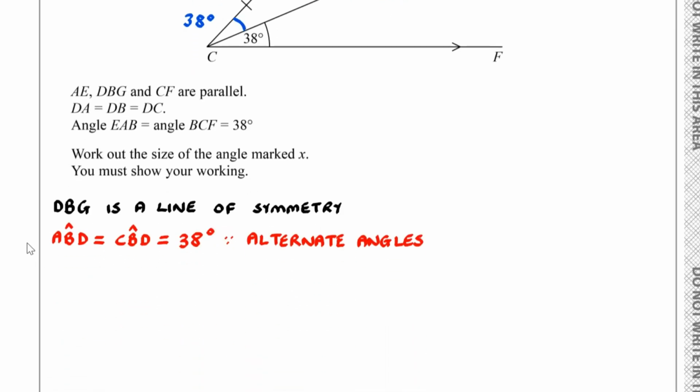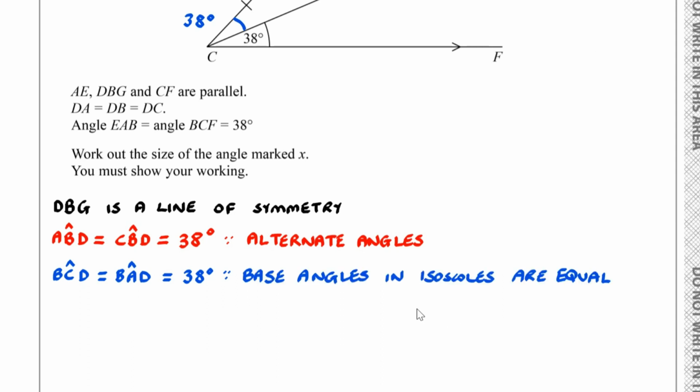So the angle BCD, which is equal to BAD, this is equal to 38 degrees. The reason for that is base angles in an isosceles are equal.